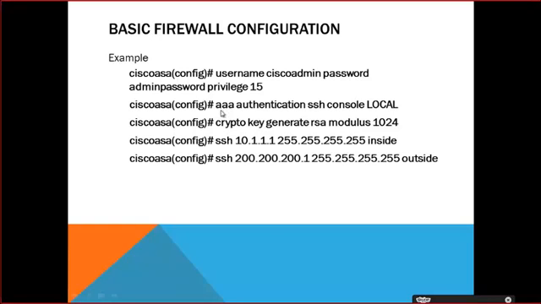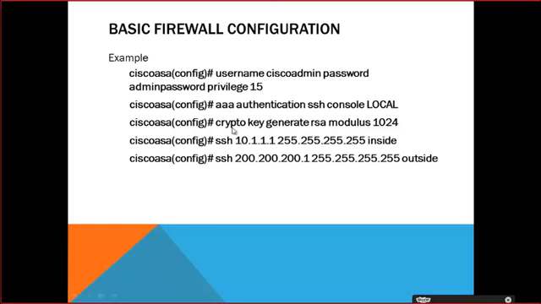Next is AAA authentication SSH console LOCAL, meaning if someone wants to access the CLI, they need to get authenticated using the local database. The local database says the username should be Cisco admin and the password needs to be this. If someone types this username and this password, authenticate them for SSH. That's the meaning of this line.